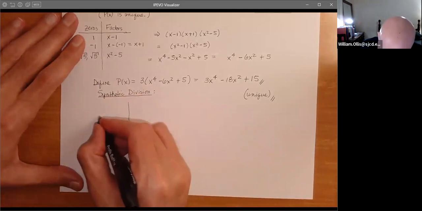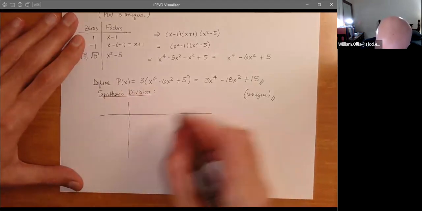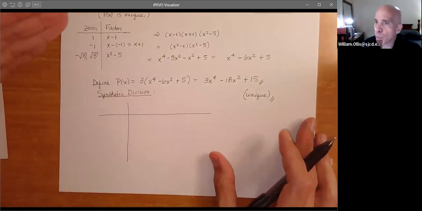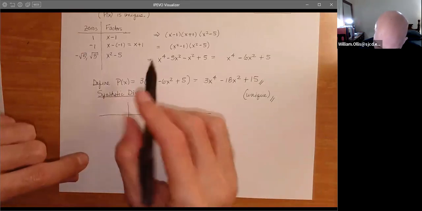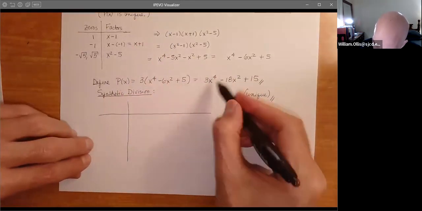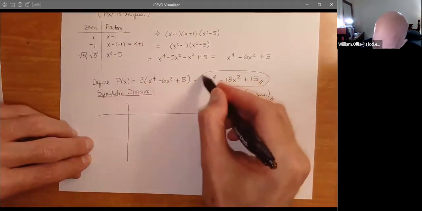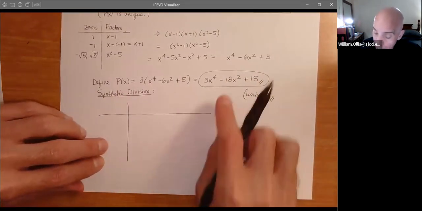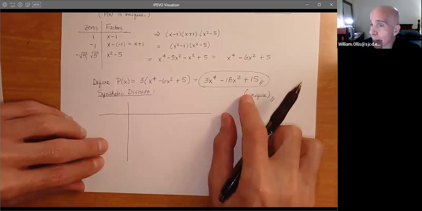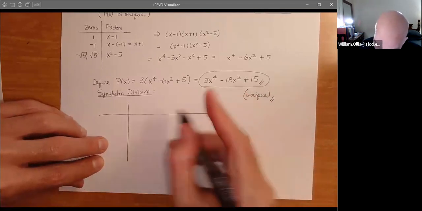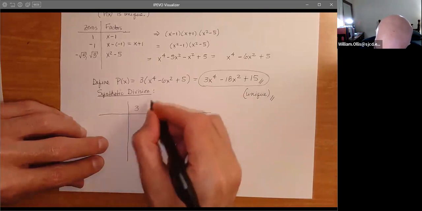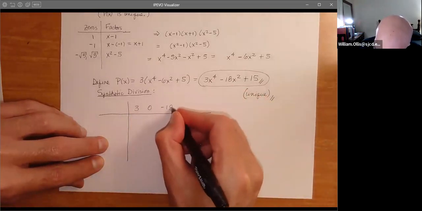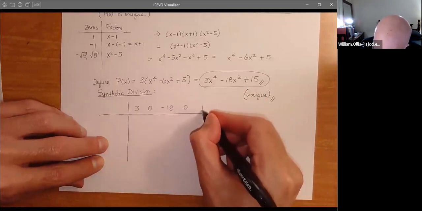And so what we can do is we can make a little table. Sometimes it's called a tableau if you think in French. And you simply write the coefficients of the polynomial in descending order, and place zeros for the powers of x that aren't there. So we have a 3, we have a 0, we have a negative 18, then we have a 0, then we have a 15.